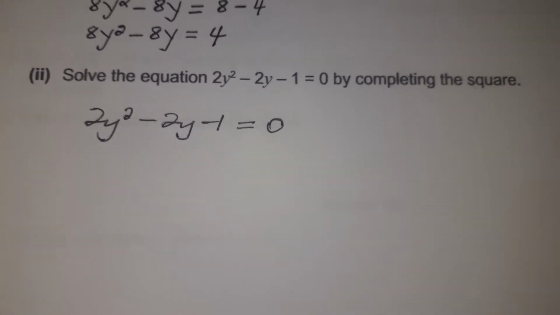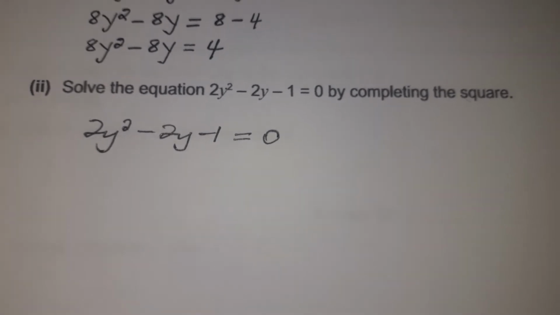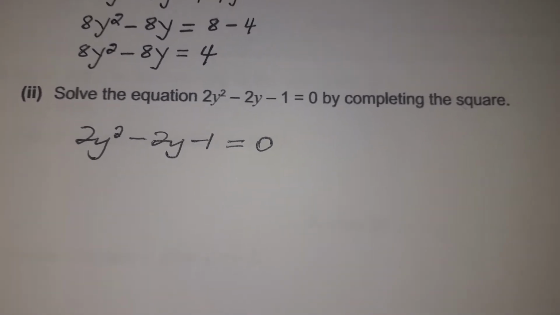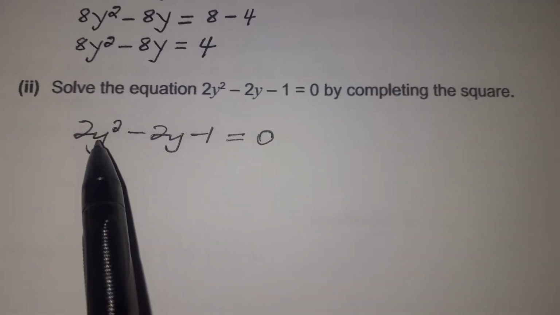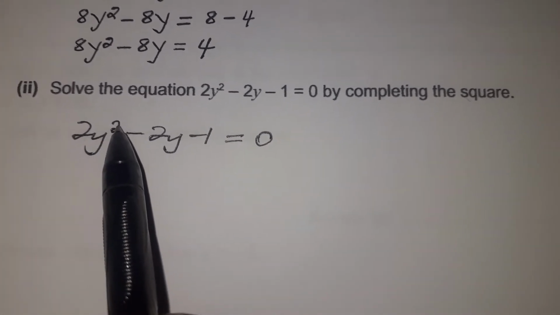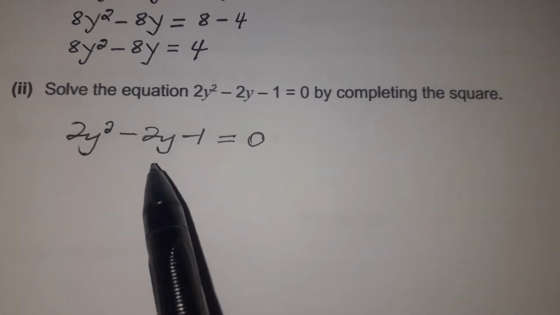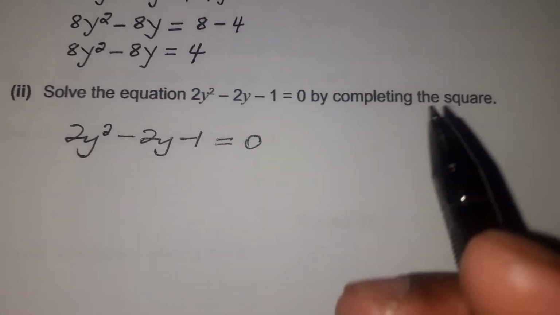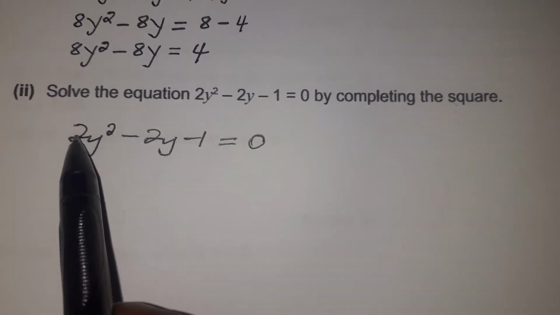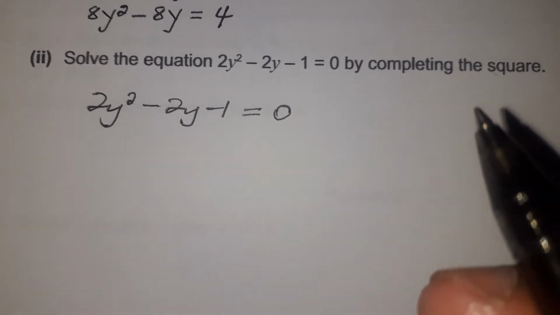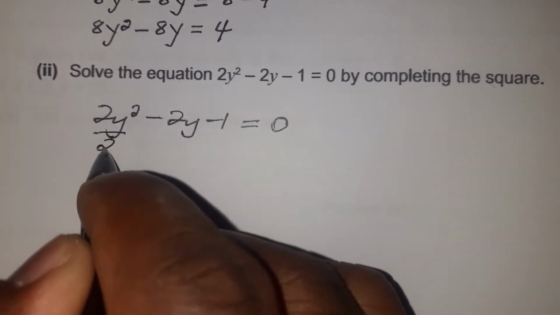Now, in order for us to solve that by completing the square, the first step is to make sure that the number in front of y squared is 1, not 2, not 3, not 4. How do we make it 1 if we have 2? We have to divide throughout by 2.